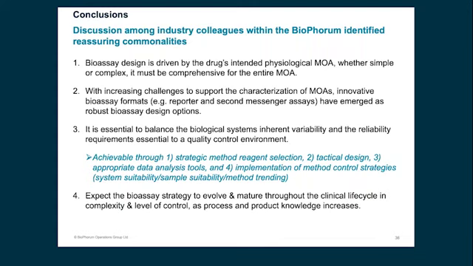The 4-parameter is the most commonly used analytical approach, but it could include the 5-parameter. And then finally, the implementation of method control strategies, such as system suitability, sample suitability, and as just explained, method trending. Trending of multiple attributes of the assay over time could warn you that the assay is failing to perform for some reason.